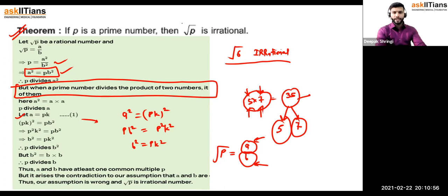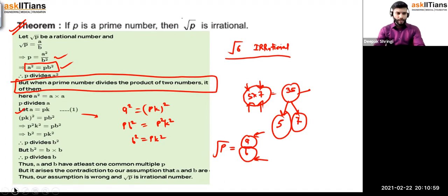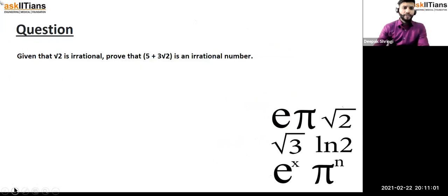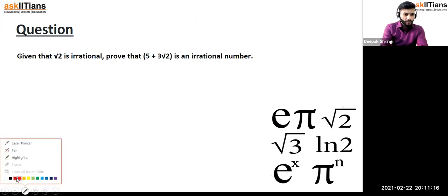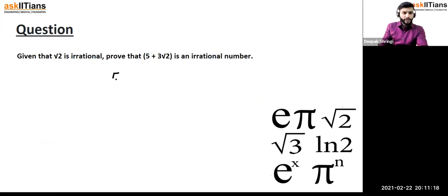Okay, let's do a question now. The question is: given that root 2 is irrational, it is given to you that root 2 is irrational. You have to prove that 5 plus 3 root 2 is also irrational, right? So as I told you, first of all, what you will do is assume that 5 plus 3 root 2 is a by b.